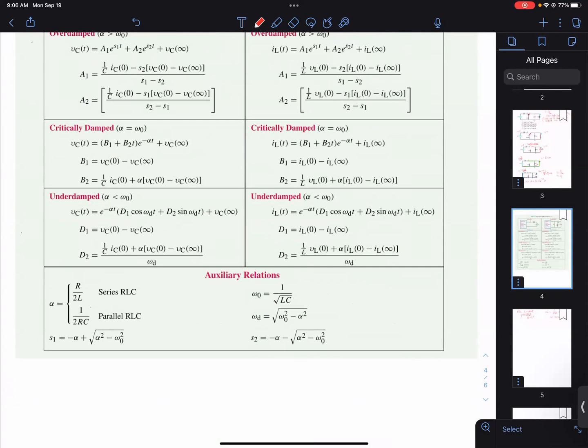The limit of 1 over 0 goes to infinity. So anyway, this will not be an existing case. Hopefully that answers your question. You won't see this situation.